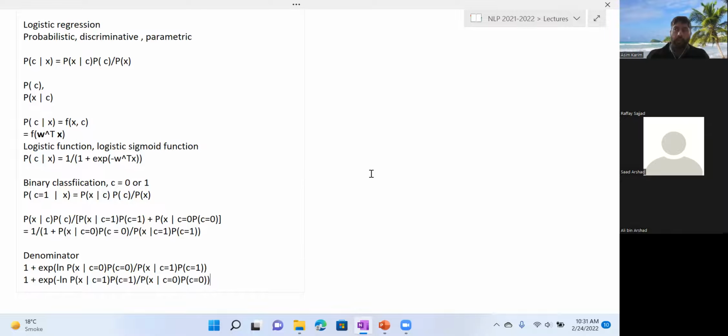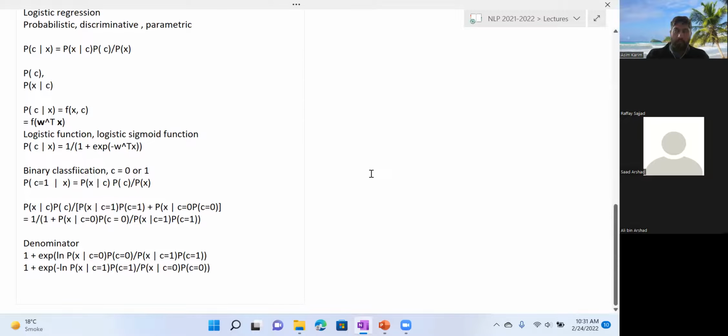So you now have the very similar function to logistic regression. 1 divided by 1 plus exp minus something, let's say a. So that a is that expression in log, natural log.